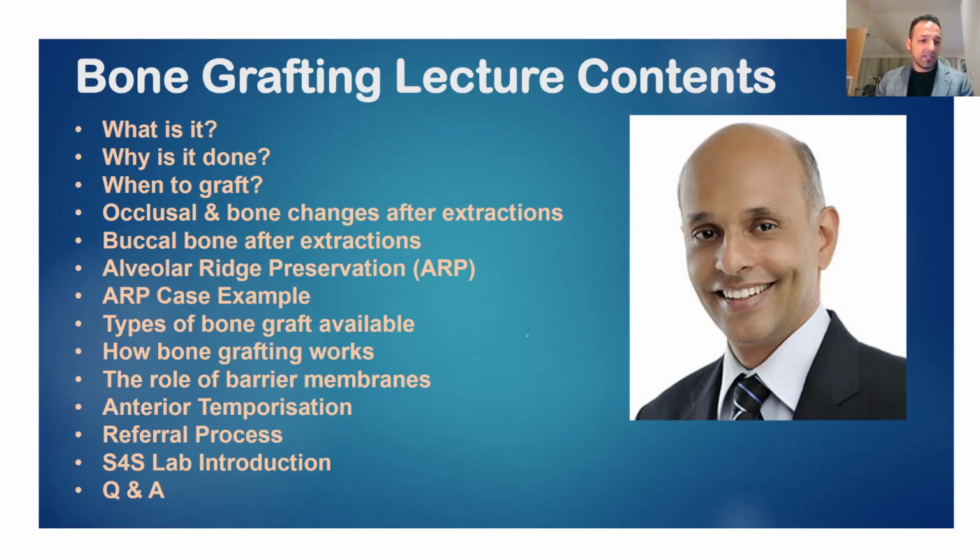I'm going to give you a case example of ARP, types of bone grafts that we have available, how bone grafting works, the role of barrier membranes, and then I'm going to talk to you about anterior temporization, how to temporize the area where the tooth is missing, the referral process, and S4S lab introduction, and we're going to finish with some questions and answers.